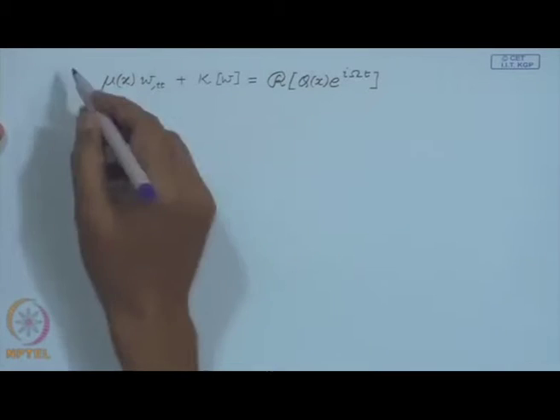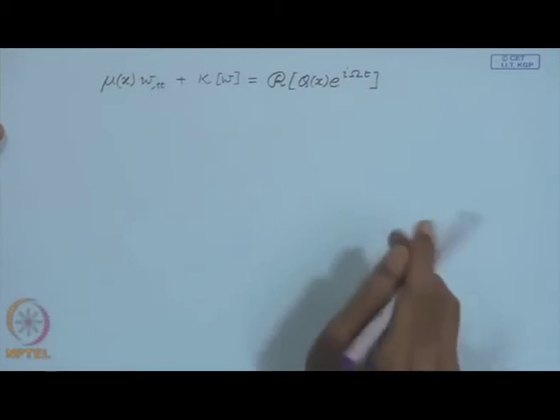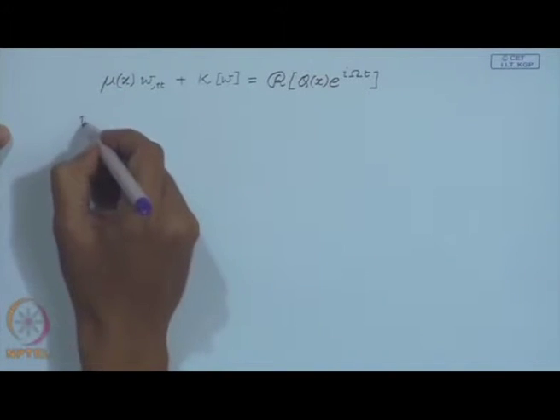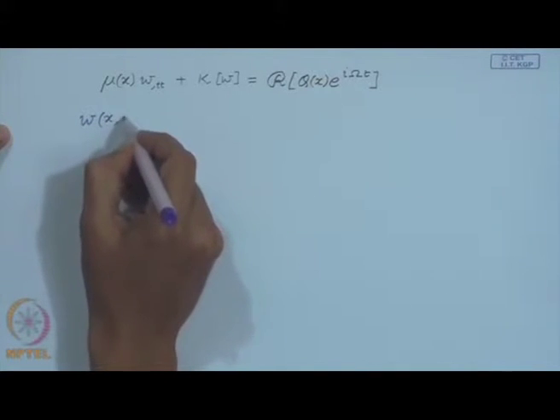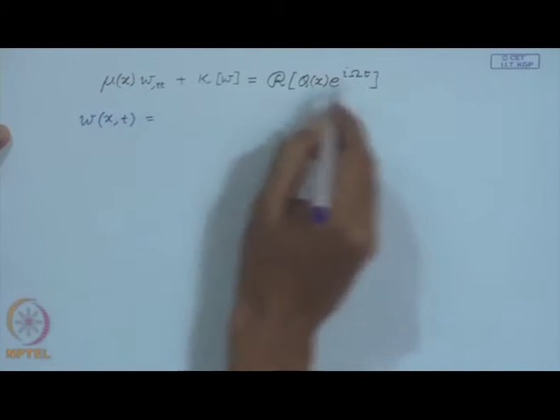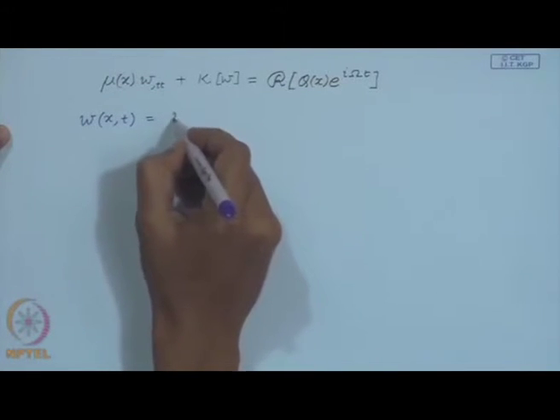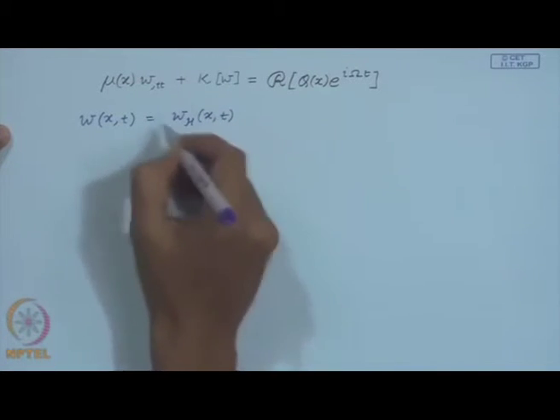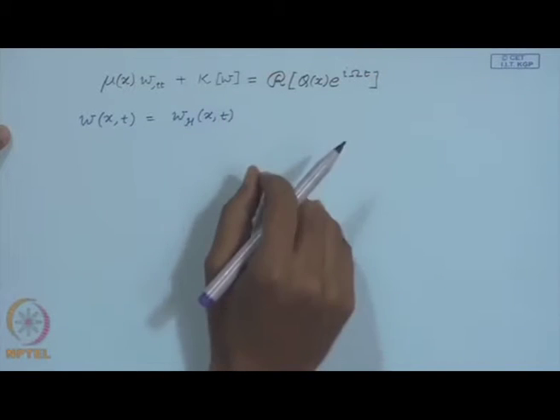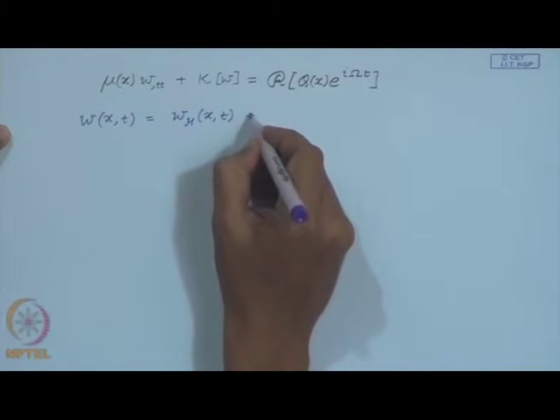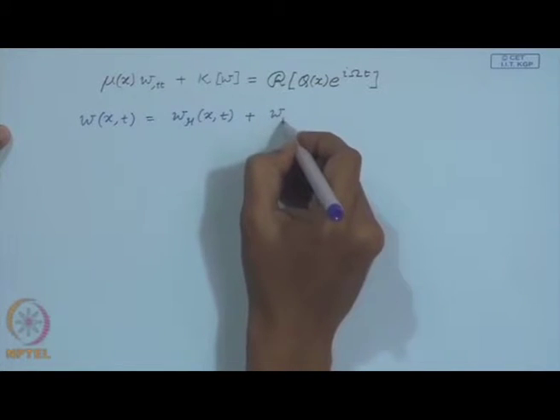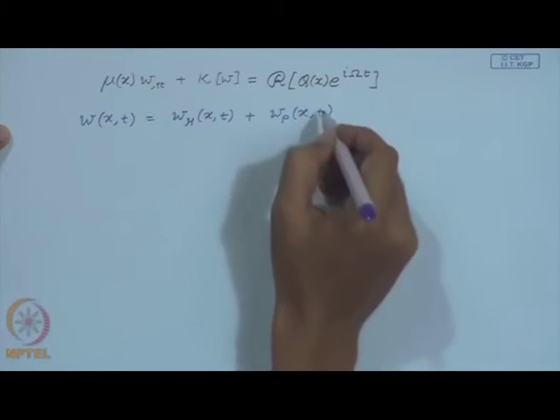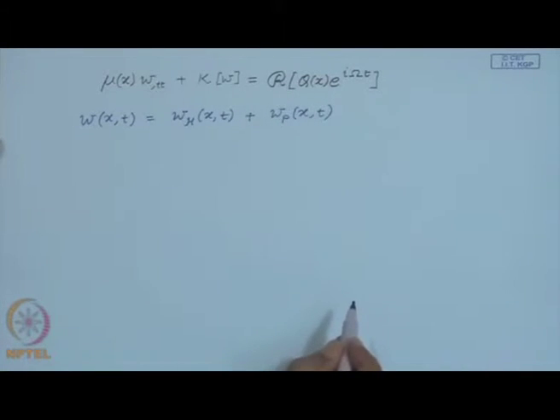Now, first we must write down the general solution of this differential equation. So, as you know, the general solution of such a differential equation can be written as the homogeneous solution, which means the solution with 0 forcing, plus the particular solution, which is due to this forcing.